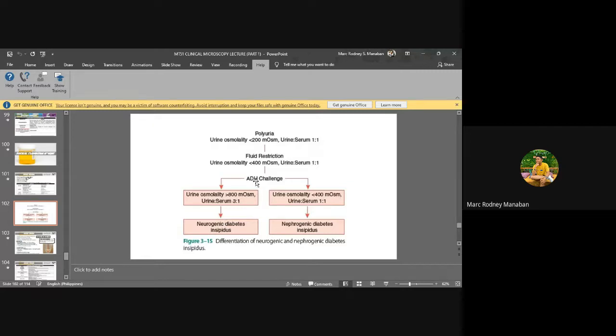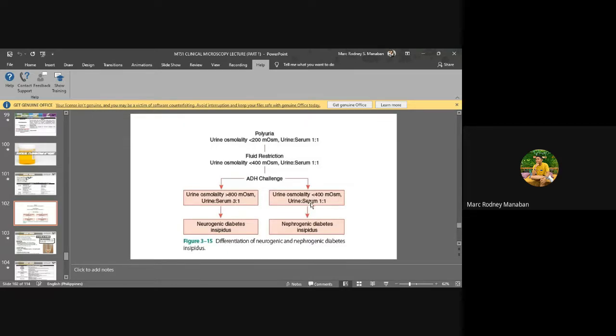Remember that ADH's main function is tubular reabsorption of water. Now, when ADH arrives, water is reabsorbed back into the body. Therefore, the urine osmolality becomes more concentrated. So it means there is no ADH in the body. So the brain, neurogenic, is not producing ADH.